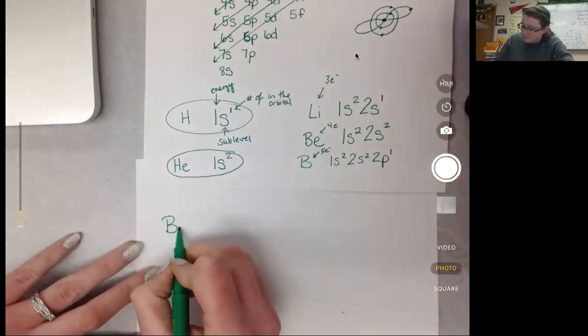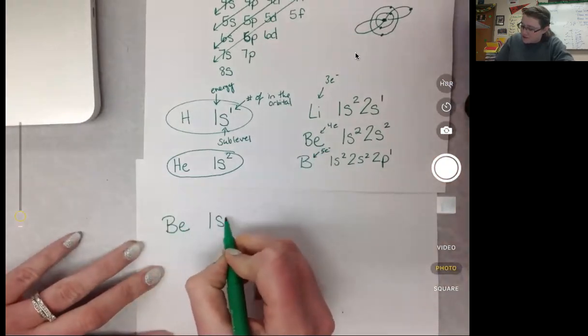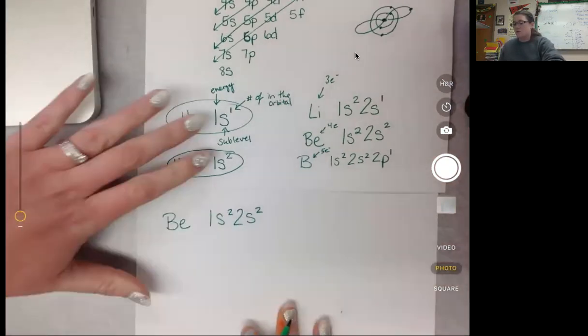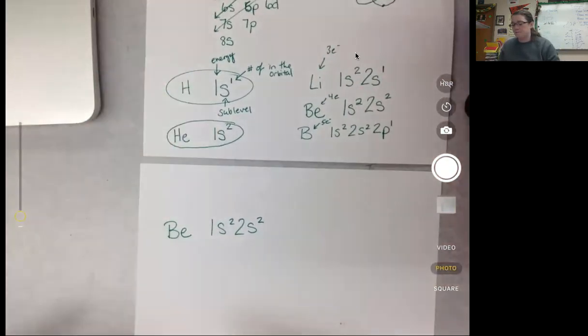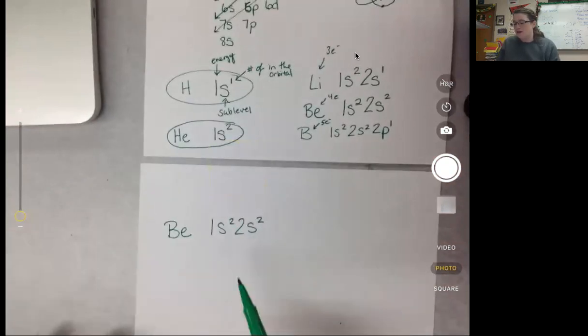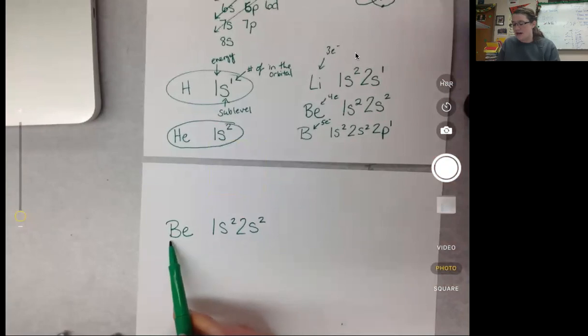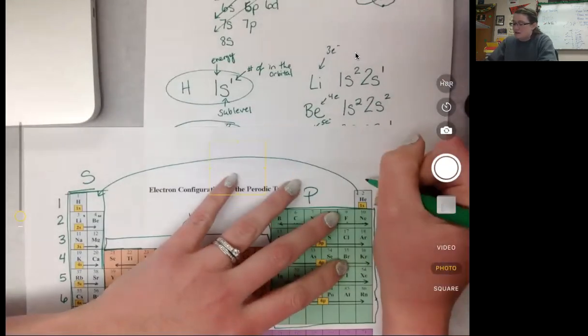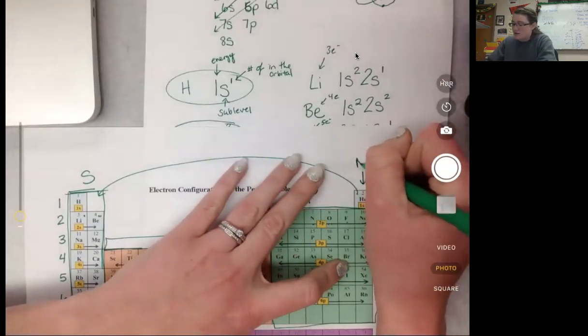Beryllium we had as 1s2, 2s2, right? And so when we're doing shorthand notation, this one's not going to be too exciting. What we're going to do is we're going to find the noble gas that comes before our element that we're looking at. And so noble gases is this last row over here.